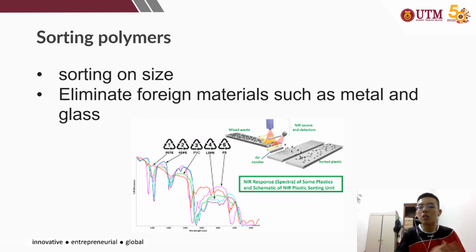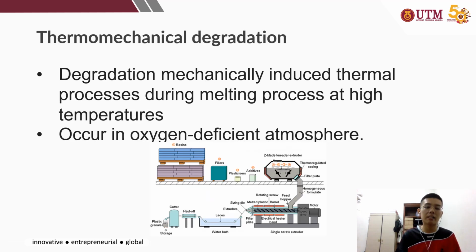Besides sorting the polymers by type, we also need to eliminate foreign materials, because plastic material sometimes appears in packaging, so it may have some paper stuck to it, right? So we also need to eliminate foreign materials such as metal or glass.